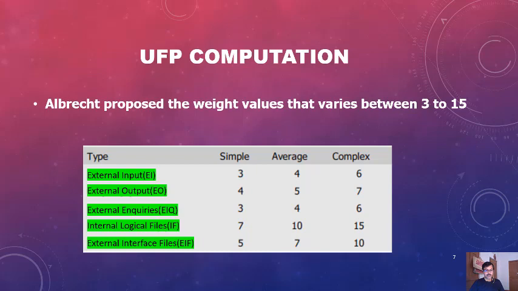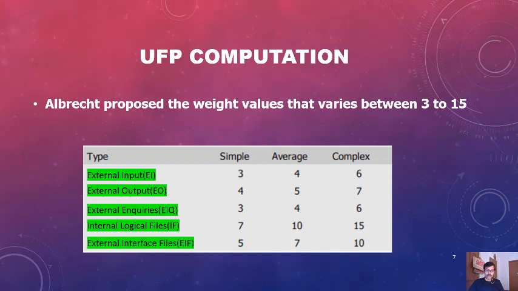And there are three types of weighted value: simple, average, complex, or low, medium, high. You have to keep in mind this table, because in the exam you will find problems, and this table will not be given to you at the time of the exam.